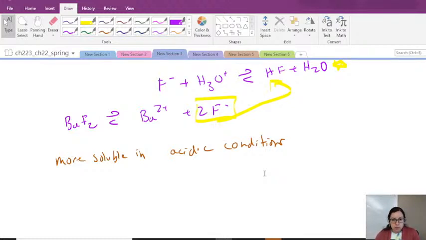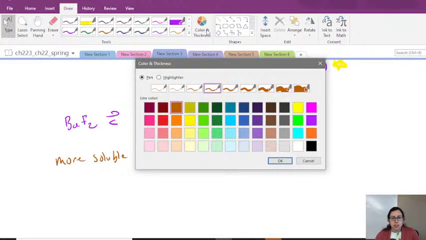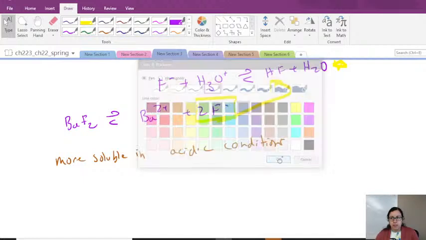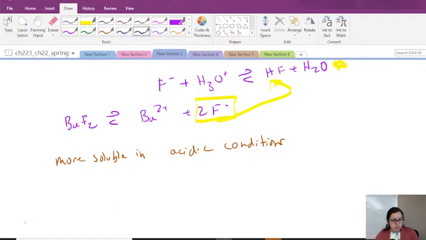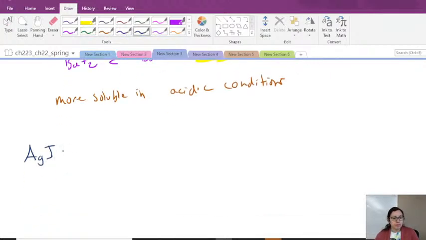So walk me through silver iodide and what we thought. So what do we think about silver iodide?